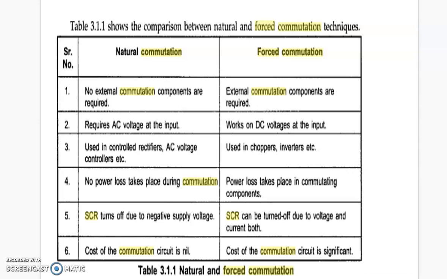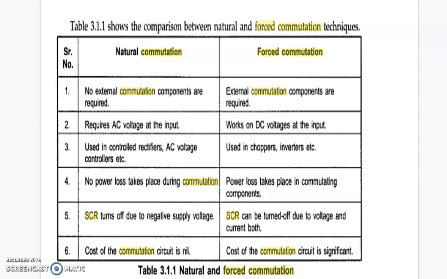So now let us see the comparison between natural commutation and forced commutation techniques. First let us see the characteristics of natural commutation. In natural commutation, we do not need any external circuit, and it can be easily achieved and requires AC input, because in AC input the first half of the cycle is positive, whereas the second half of the cycle is negative.